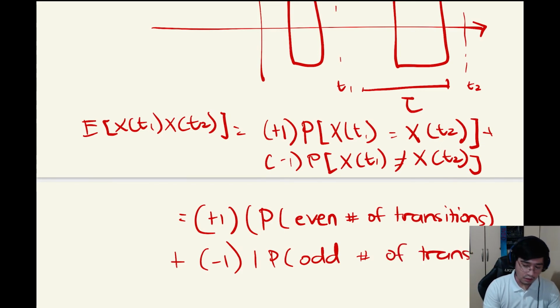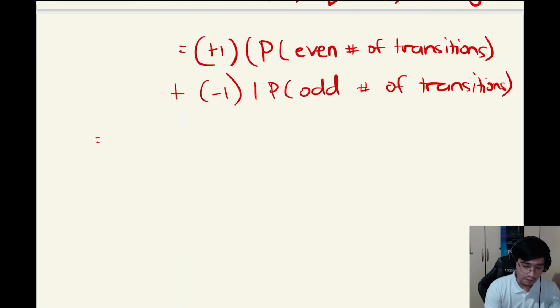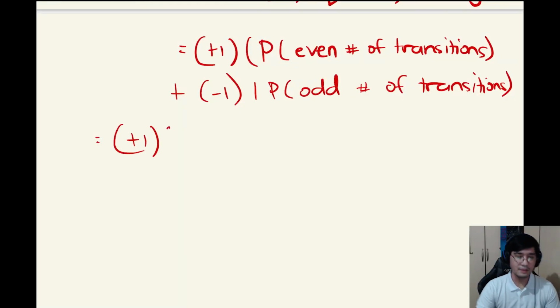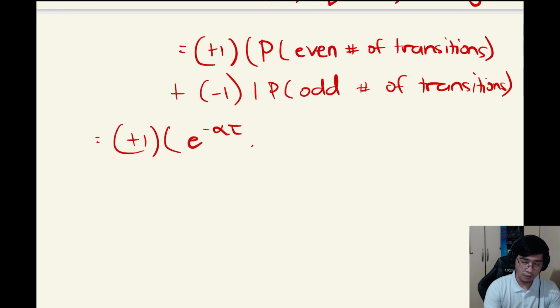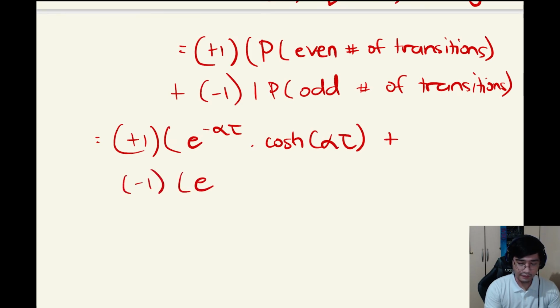So this is equal to positive 1 times, what is the probability of an even number of transitions once again? e raised to negative alpha tau hyperbolic cosine of alpha tau plus e to the negative alpha tau hyperbolic sine of alpha tau.